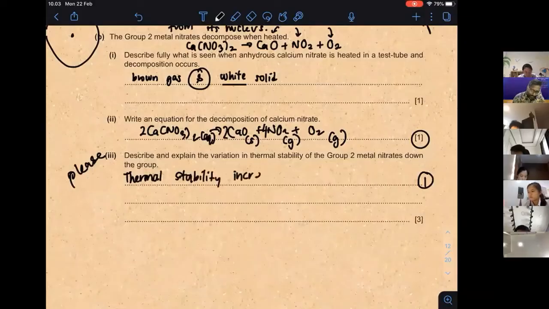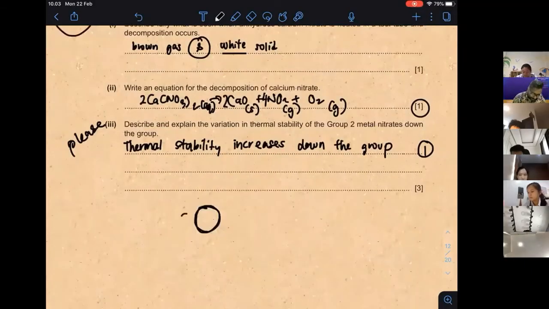This one you need to know whether it's in AS or A2, so this one you must know. Then what differentiates you, and the AS, is going to be the explanation. You must mention that the size of the nitrate is quite big. If I have magnesium nitrate, it's a small cation.